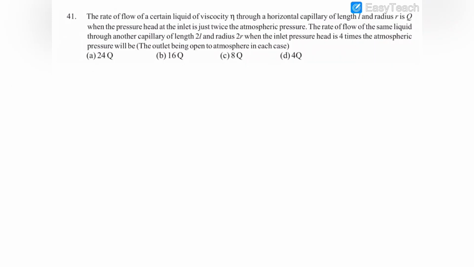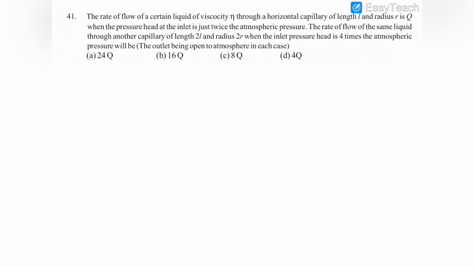In this question, there is a pipe which has some radius R and length L, and through that pipe a liquid of viscosity coefficient neta is flowing with a rate Q. It is given that initially the pressure head at the inlet of the pipe is twice the atmospheric pressure, and then the pressure head becomes 4 times the atmospheric pressure and the length of the pipe becomes 2L and radius becomes 2R, and we have to find out the rate of flow.